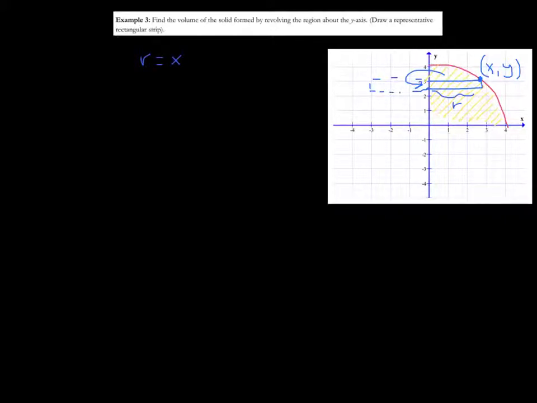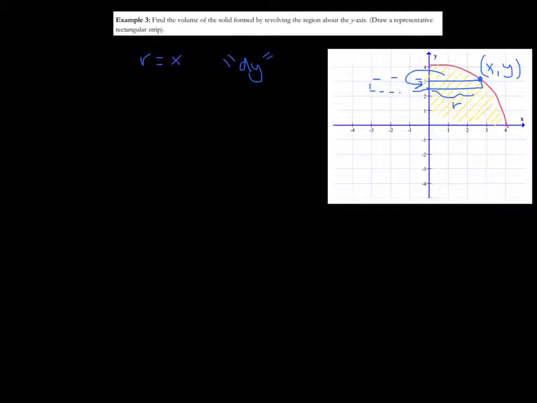All right? So this is going to be a strip that has a thickness of dy. So this is a dy strip. So that means everything in this problem needs to be in terms of y. The lower and upper limit of integration needs to be in terms of y, and also the formula that you integrate needs to be in terms of y.